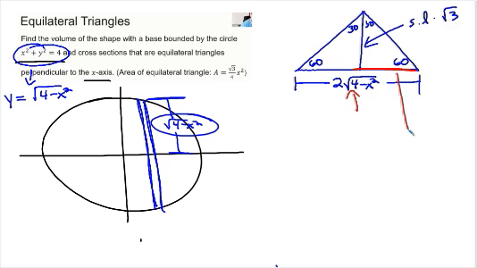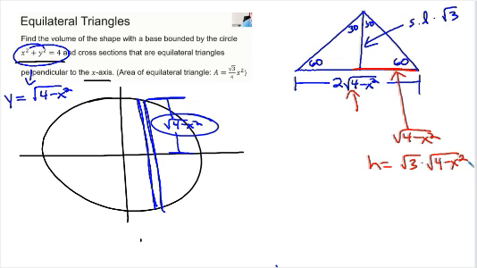So that shorter leg is just the square root of 4 minus x squared. And that means that the height is the square root of 3 times the square root of 4 minus x squared. And we've done a lot of the hard work on this problem now.